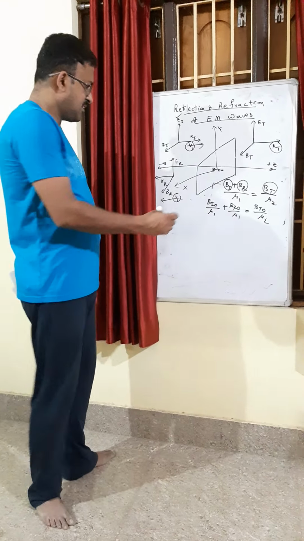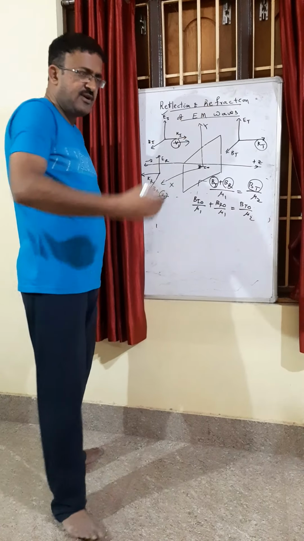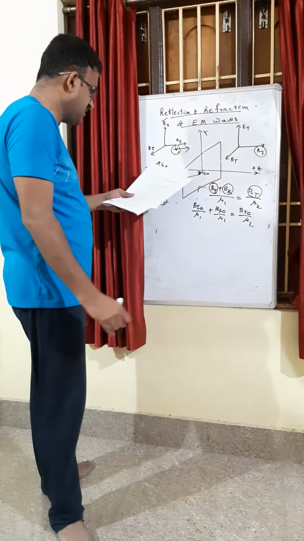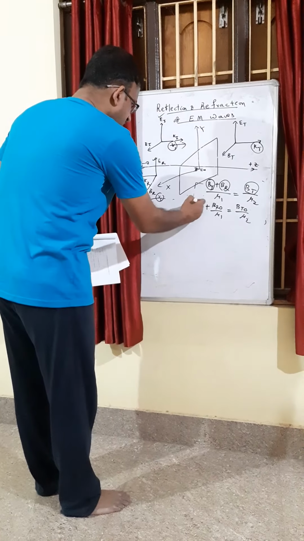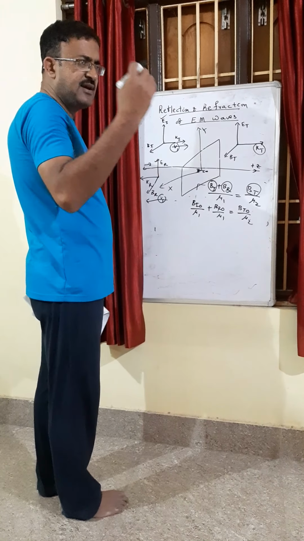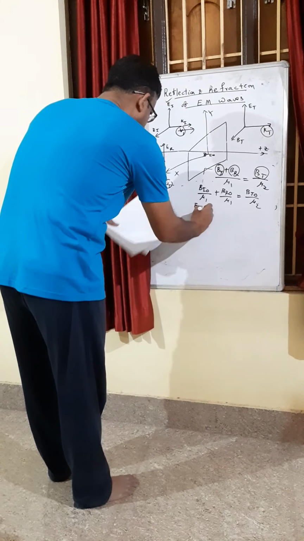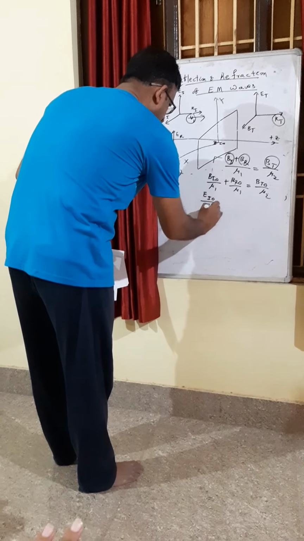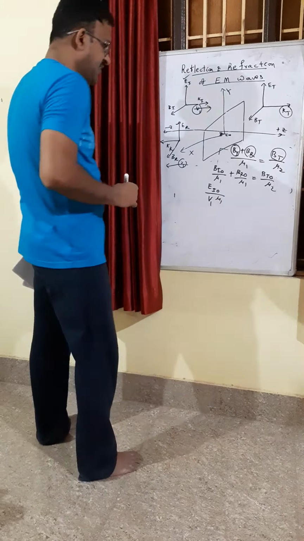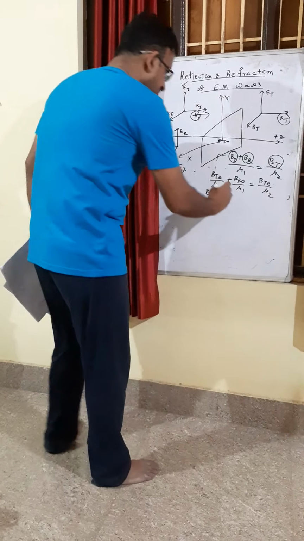Now let us convert this in terms of electric field. So how to get it in terms of electric field? You know the magnetic field will be equal to the electric field strength by velocity. So you can write E by V1 mu1, where V1 is the velocity of the electromagnetic wave in medium 1.